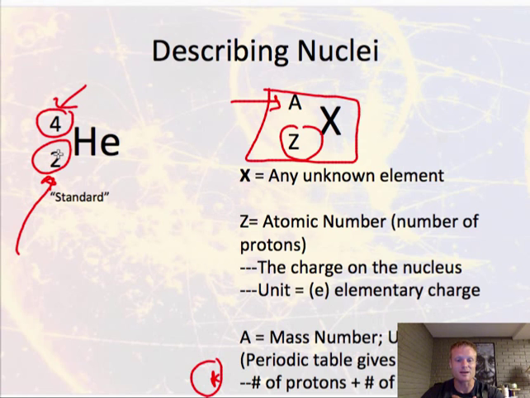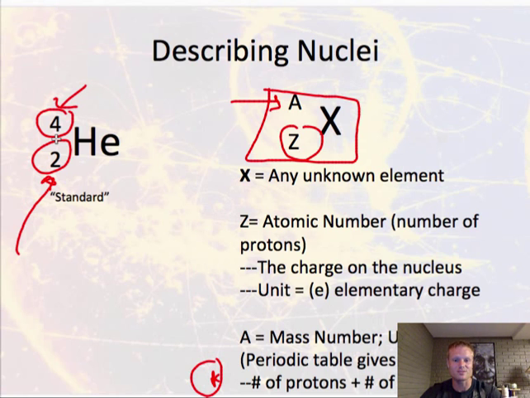The bottom number is the atomic number, the top number is the atomic mass number, and the atomic mass number, if you look at the periodic table, is actually an average mass number for whatever element you're talking about. So it looks at all the isotopes that an element has and takes an average of the most common mass, and that's why you always have a decimal point with all these little numbers after it, because you're averaging the isotopes of that element.